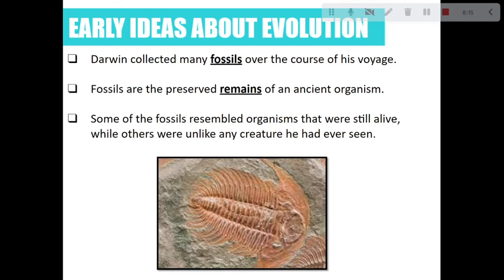Now, Darwin collected many fossils over the course of his voyage. Fossils are the preserved remains of an ancient organism. Now, some of the fossils resembled organisms that were still alive, while others were unlike any creature he had ever seen.